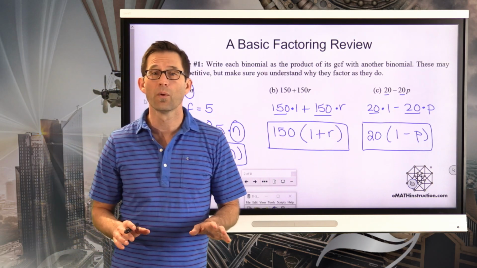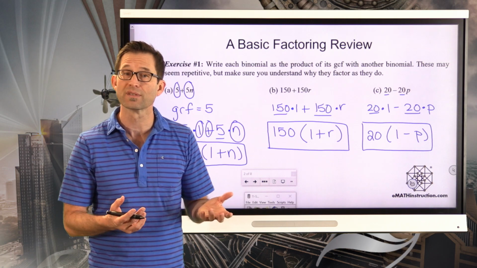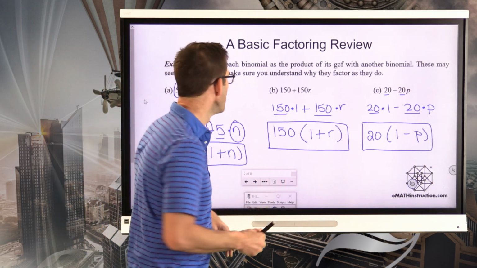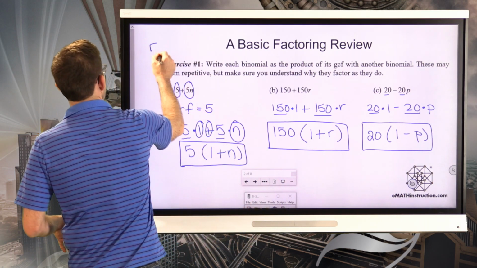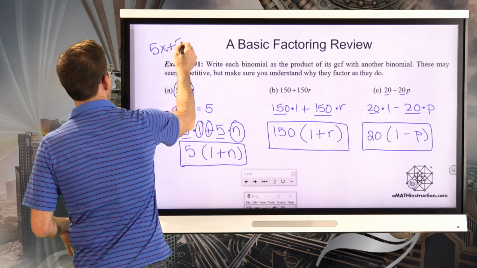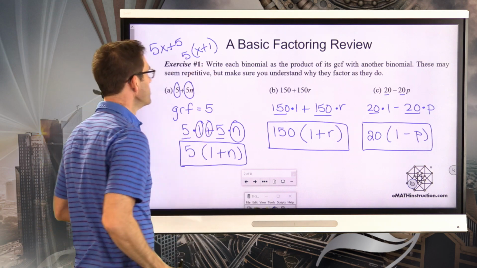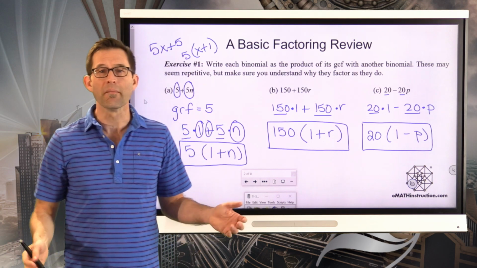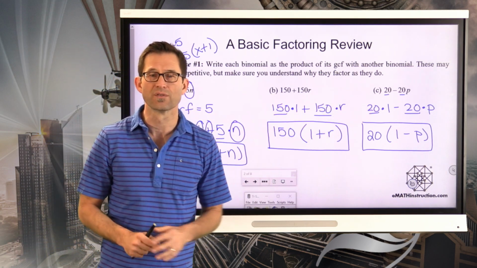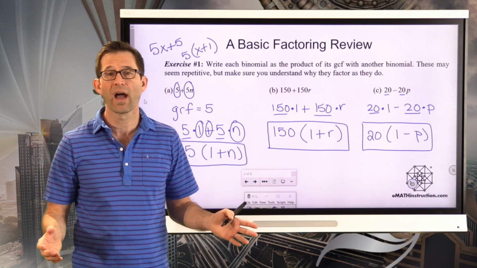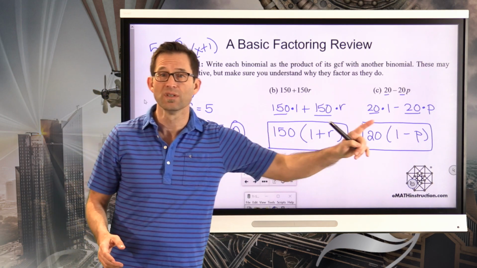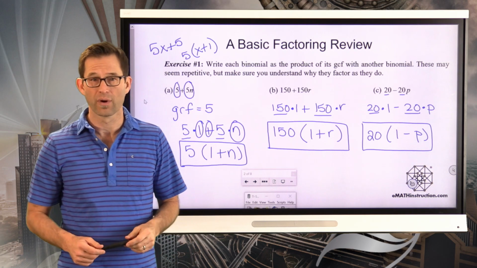So most of the time when we were doing these kind of factorings in the previous lesson, the variable would kind of come first. We might have something like 5x plus 5, and then I'd factor that into 5 times x plus 1. Well, again, it shouldn't really matter what order the numbers versus variables come in, right? The plain fact is, if I can identify that GCF, then I should be able to factor it out.